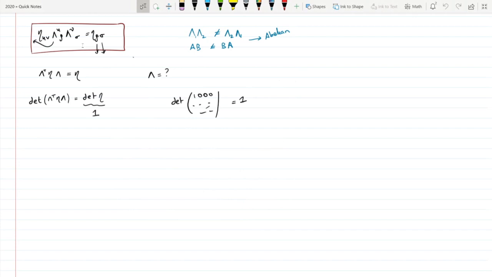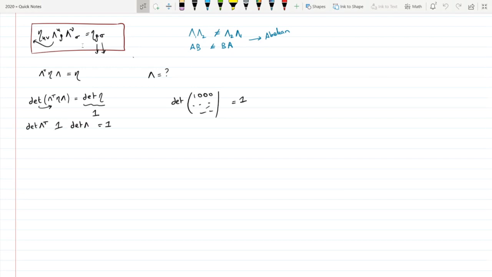We're going to use the property of matrices that if I have a product of matrices, the determinant is multiplied individually. Do you see this? So if I have a triple product, I can just take the individual determinants, multiply them together, and I get the same determinant. But we know the middle one is 1.